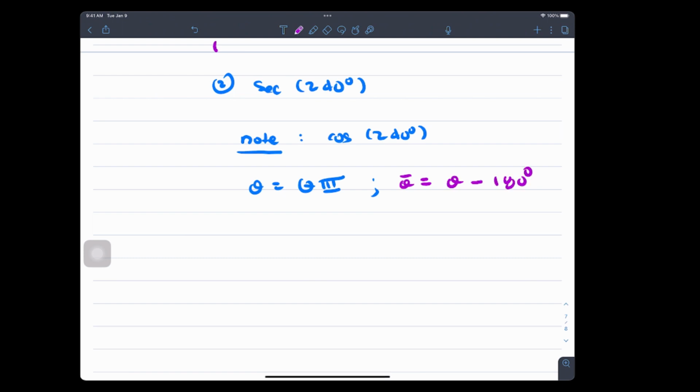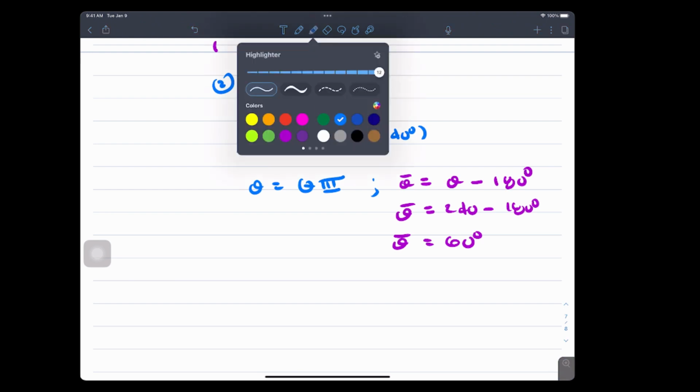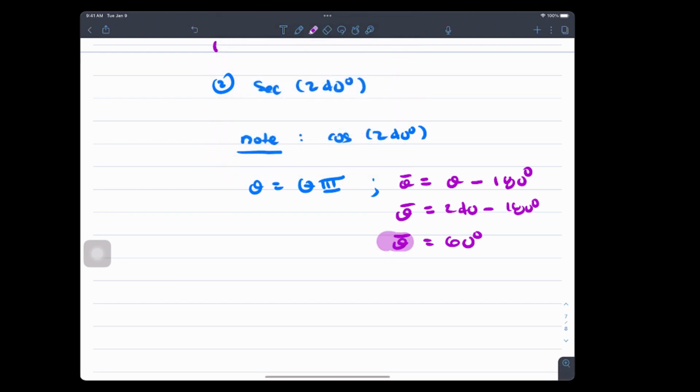Since theta is 240, 240 minus 180, what does that give you? Isn't that 60 degrees again? Oh my God, 60 degrees, okay. Well, I think I have that information.